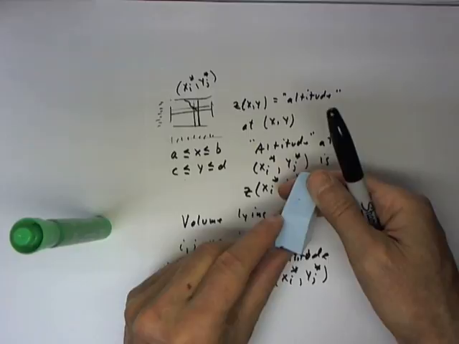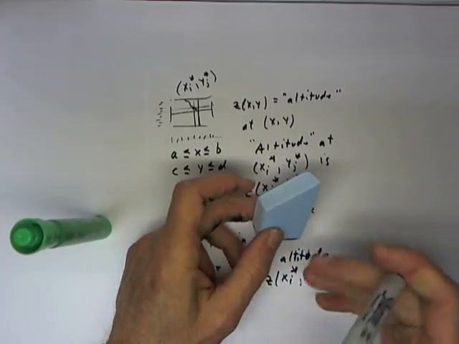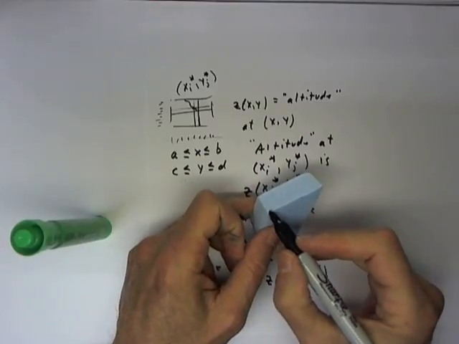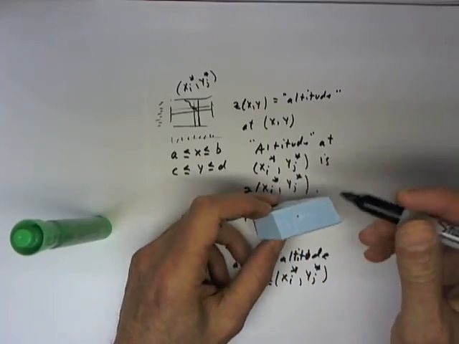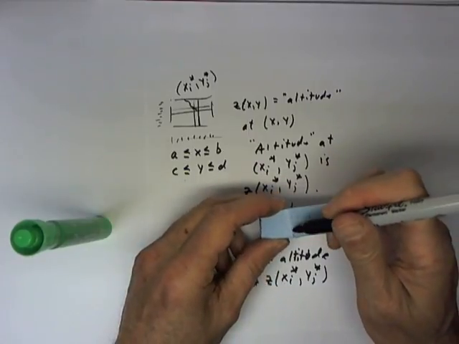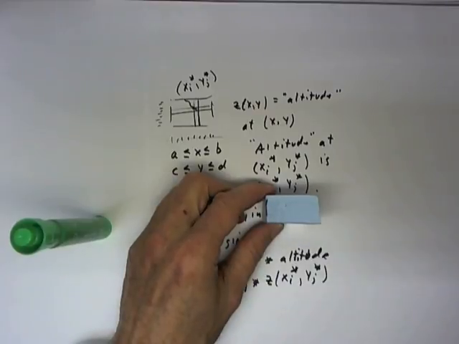Alternatively, we could measure the height here and here and here, allowing us to conjecture a vector in this direction and a vector in this direction within our three-dimensional space, take the cross product and get a normal vector.